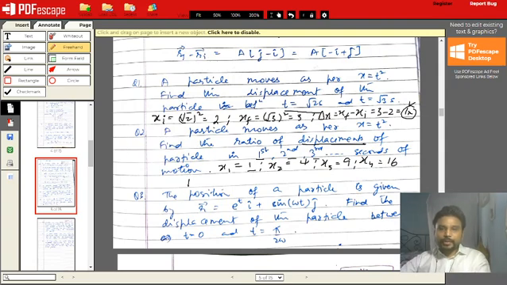Again, the displacement of the particle in second second would be the difference of the position of the particle at t equal to 2 and the position at t equal to 1. That is simply 4 minus 1, which is 3. Similarly, the displacement of the particle in third second would be the difference of the position at t equal to 3 and t equal to 2. When we are talking about some nth second, we want to find the displacement in a time interval.